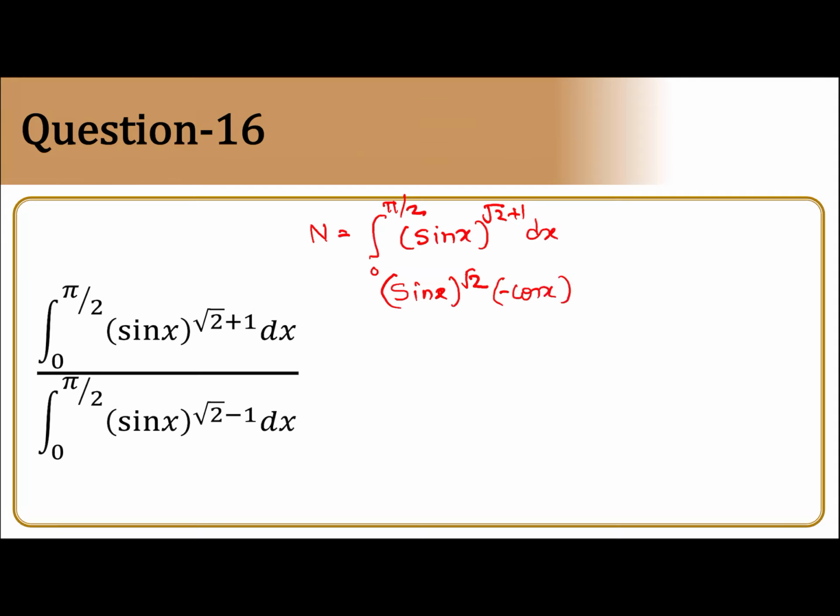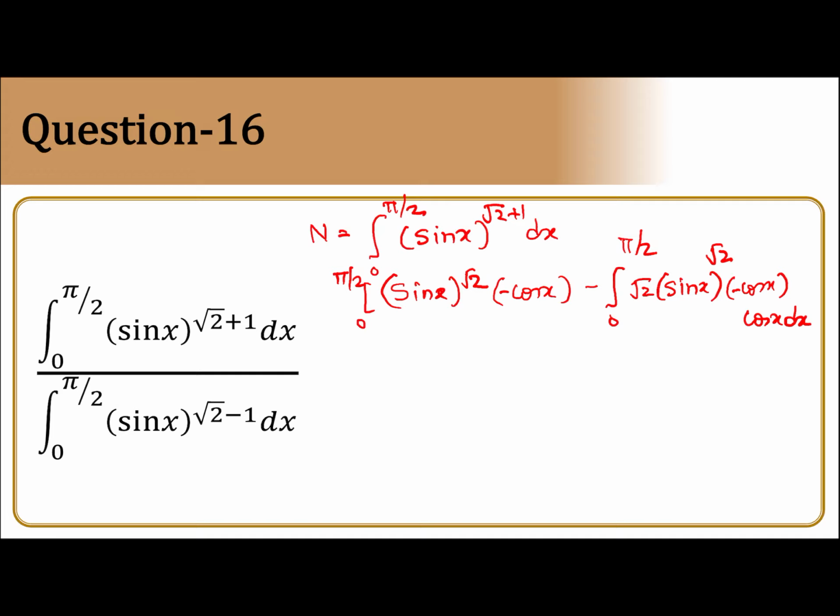Please, I am writing the direct step. Minus the integral from 0 to pi by 2. Of course, the limits are from 0 to pi by 2 here. So what happens here? Root 2 (sin x) whole to the power root 2 into minus cos x into cos x dx.